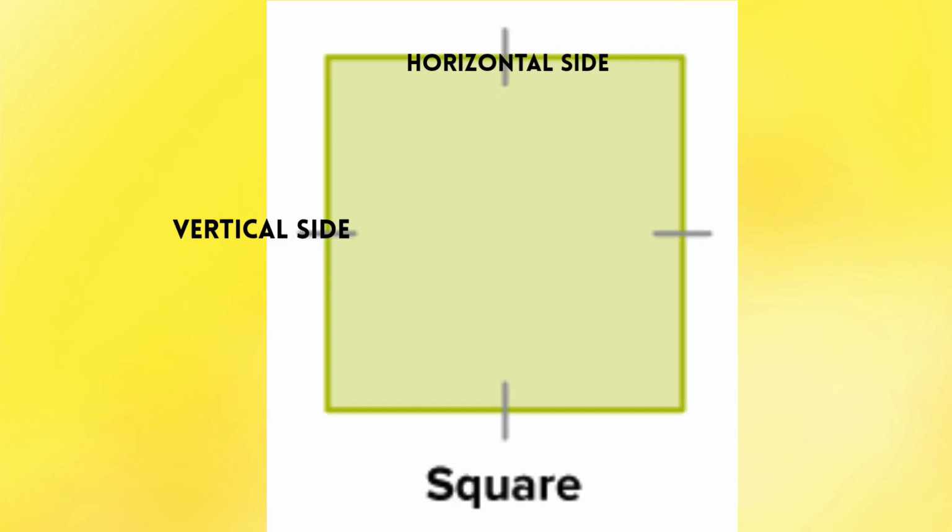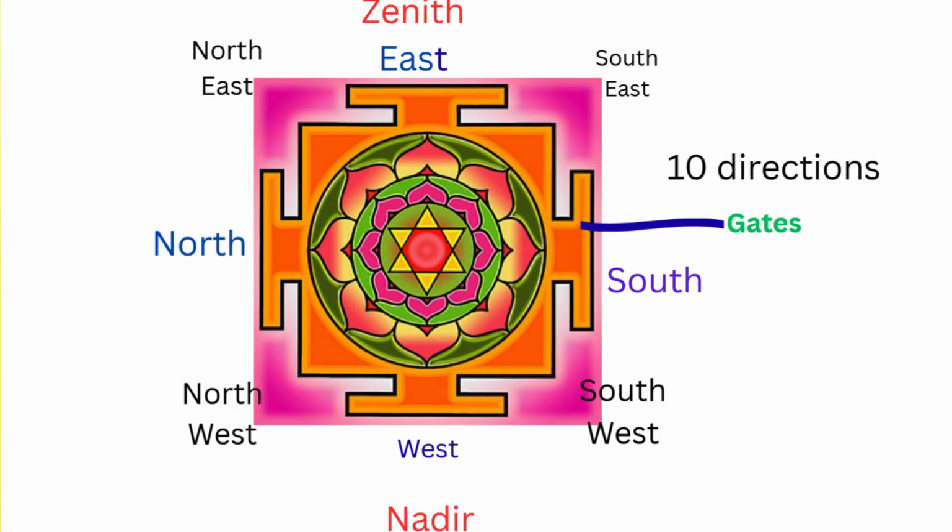Thus, a square is a combination of both, and it represents a balanced character. It represents the material world. Now, each side of the square also refers to a cardinal direction, that is south, west, north, and east. The corners represent the intermediate directions, and there are two more directions, one above and one below. Thus, the square represents a total of 10 directions.